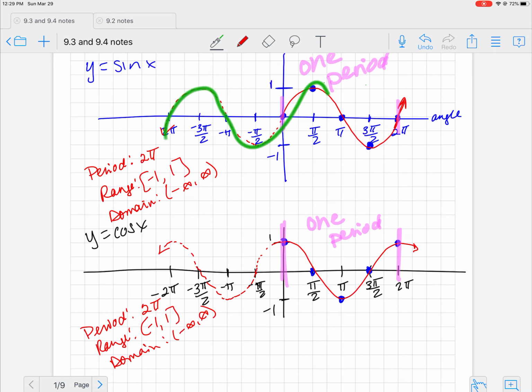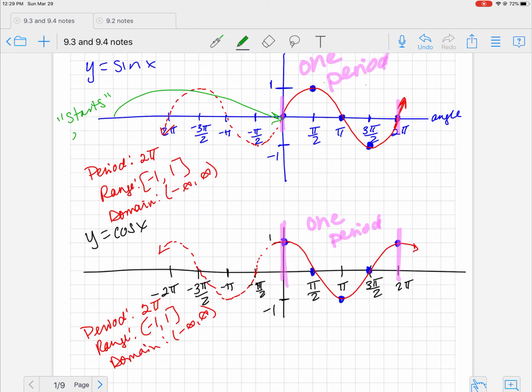I can do the same thing with cosine that I do with sine. I'm just running it around. Now, what do you notice about sine and cosine? They look real similar, right? It's this wavy curve, this sine curve, this cosine curve. There are a couple of little differences here. We know this is periodic and it doesn't technically start anywhere.